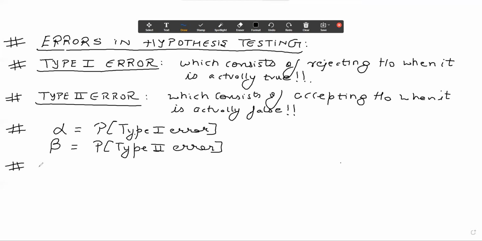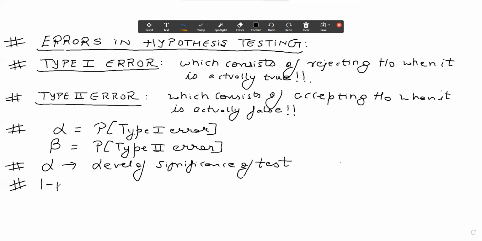All students can recall alpha is also called the level of significance of the test, because alpha will consist of that region in which we will be rejecting the null hypothesis when it's actually true. And then we have 1 minus beta, which is called the power of a test.